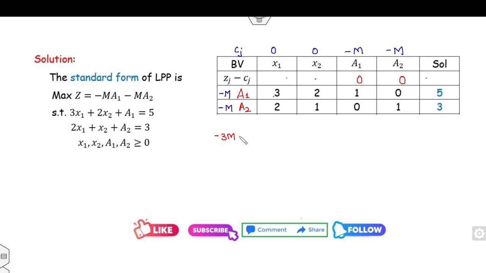Minus 3M, minus 2M, minus the upper value. So this number is my minus 5M. Similarly, for this case, minus 2M, minus M, minus 0, minus 3M, minus 5M, minus 3M, because there is no upper number, so that will be my minus 8M.